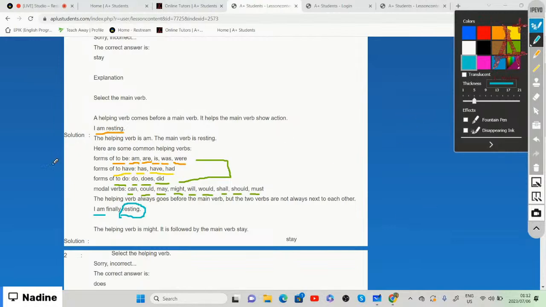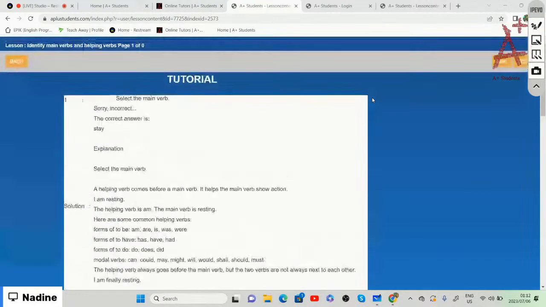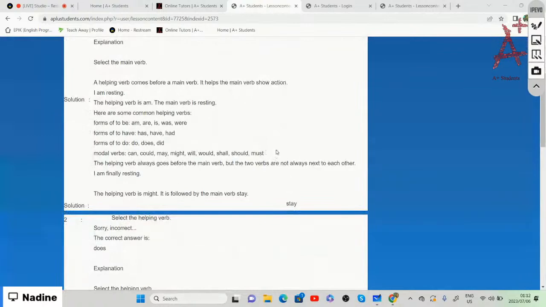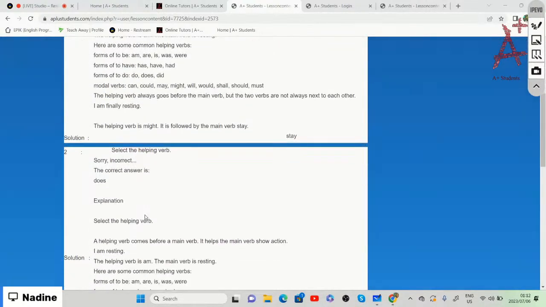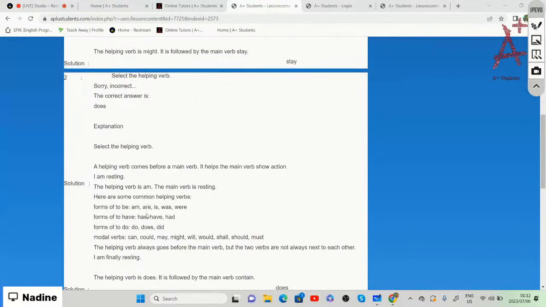However, we can still identify that am is the helping verb and our main verb is resting. All right. So these are but a few main verbs.